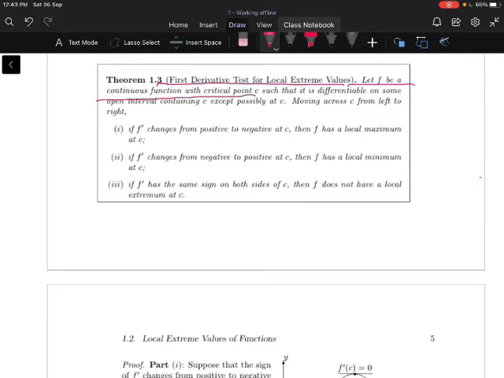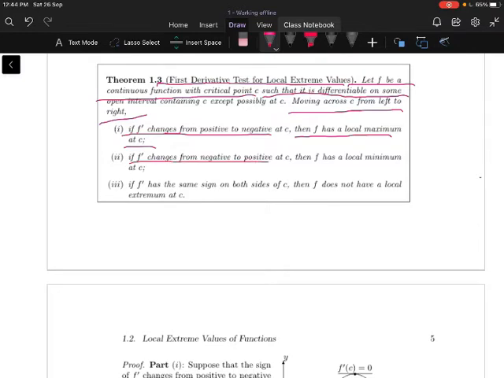Let f be a continuous function with critical point c, and say that it is differentiable on some open interval containing c, except possibly at c, moving across c from left to right. So the first statement of the theorem: if f dash changes from positive to negative at c, then f has a local maximum value at c.